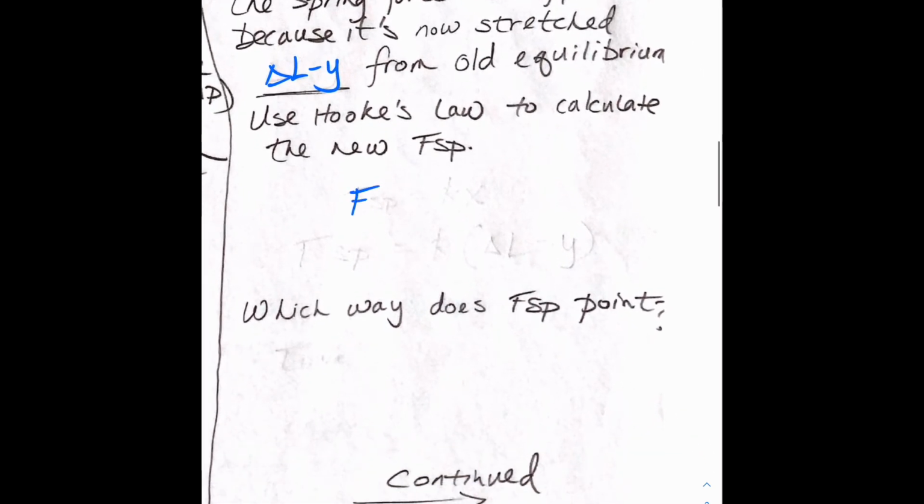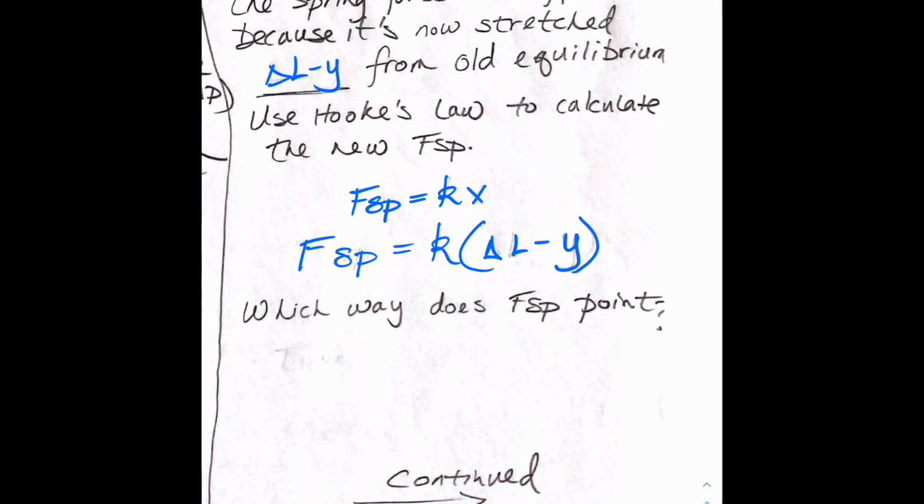Okay, force spring, Hooke's law states, is equal to kx. We can then say that force spring is equal to k times delta L minus y, because remember, the block was lifted a distance y.